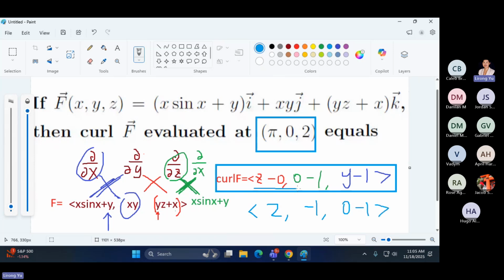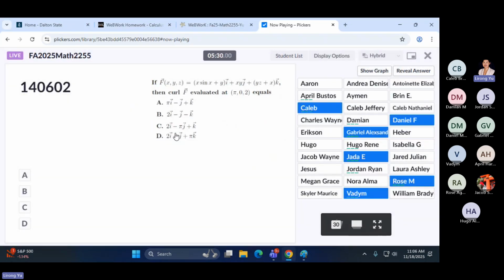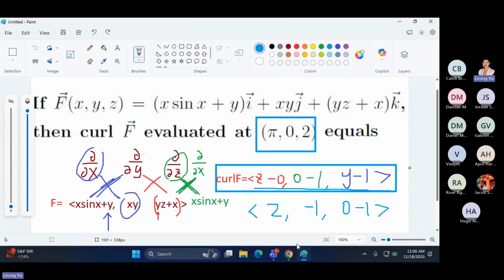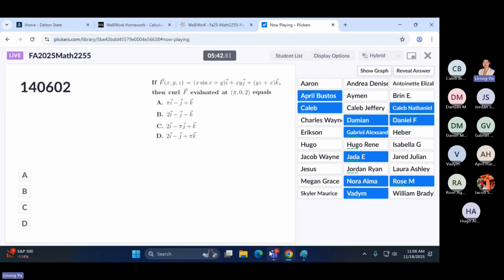We don't see any x's in this representation of the curl, so the first one being pi has really no visible impact on the calculations. That's the final answer. I hope that you are able to identify the right vector for the curl. So the final answer should be the vector 2, -1, -1.